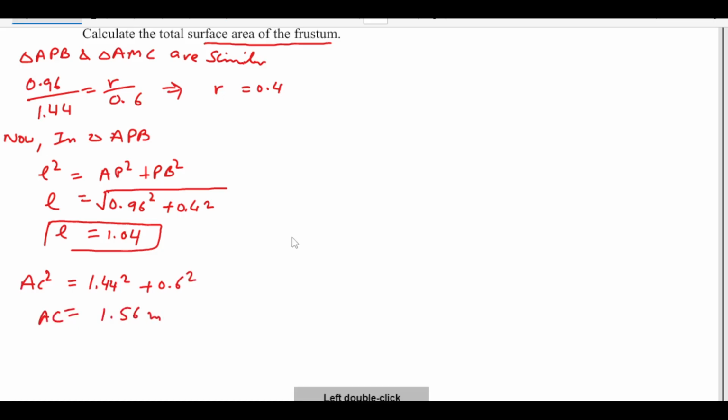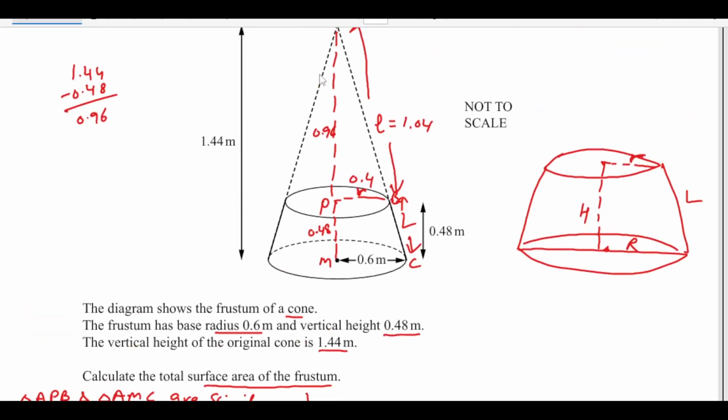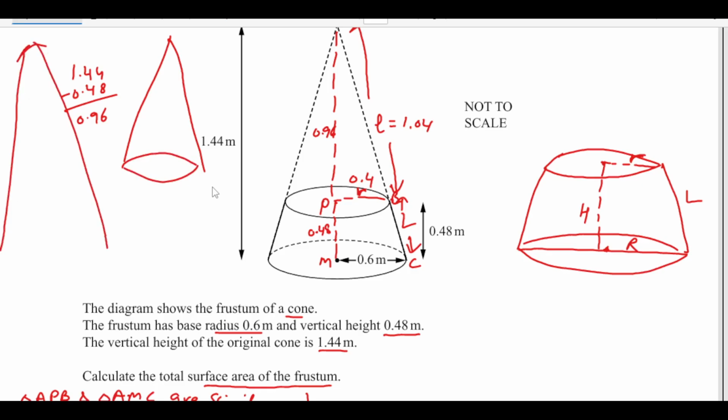So now we are looking for the total surface area. For that I will take the curved surface area of the small cone. You see we have two cones here. The top one I have divided into two parts, the top one from here to here. The other one, the big one here, bear with my diagrams.